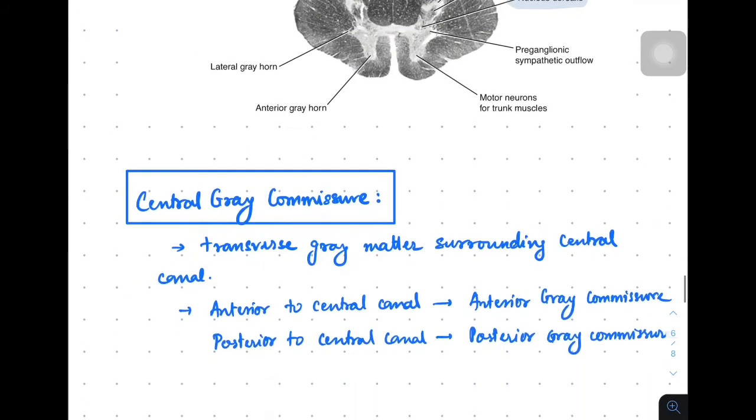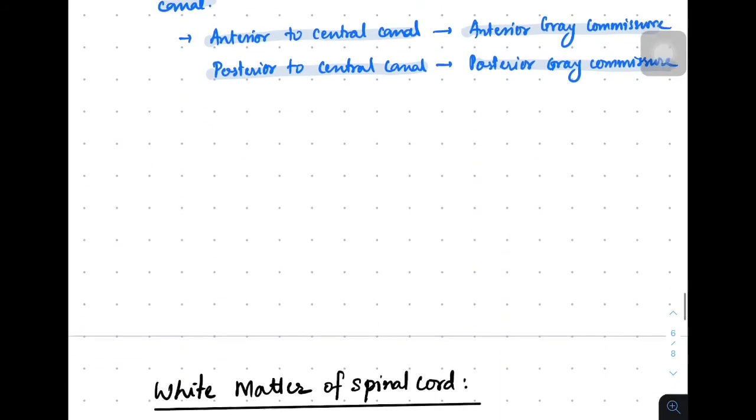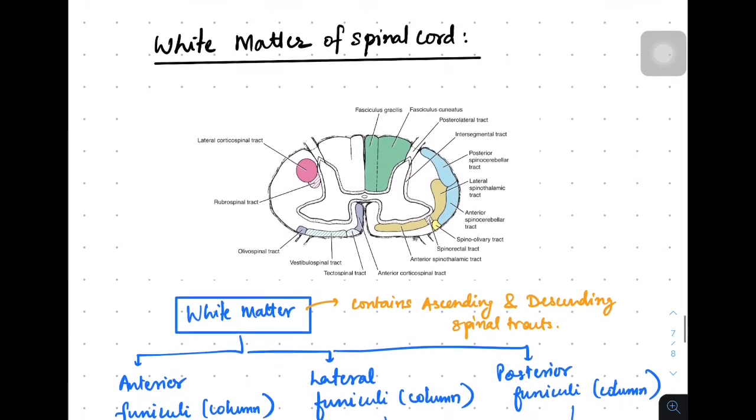So this was about the posterior horn. Now we'll talk about the central gray commissure. It is a transverse band of gray matter surrounding the central canal. Anterior to the central canal we call it the anterior gray commissure. Posterior to the central canal it contains the posterior gray commissure. That's it. Now this was all about the gray matter of the spinal cord.